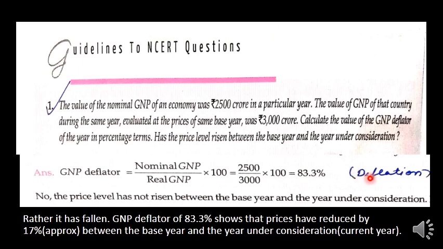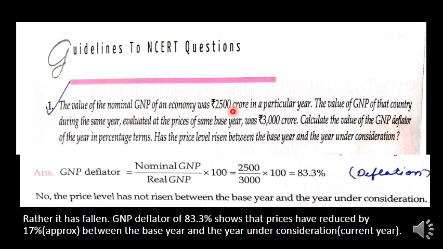So when there is a deflation in the economy, that is falling prices, then the real GDP of the current year will come out to be more than the nominal GDP of the same year. Why?